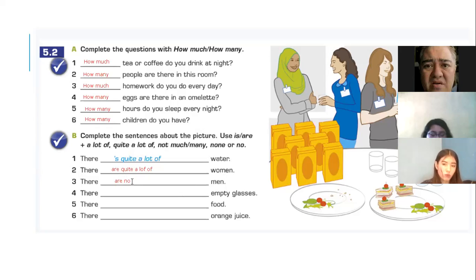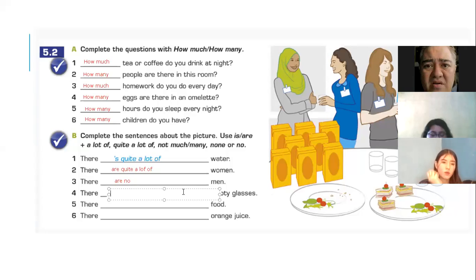Número 4. Look at the glasses. How many empty glasses are there? How many empty glasses? Not many. Okay, so what am I gonna use first?